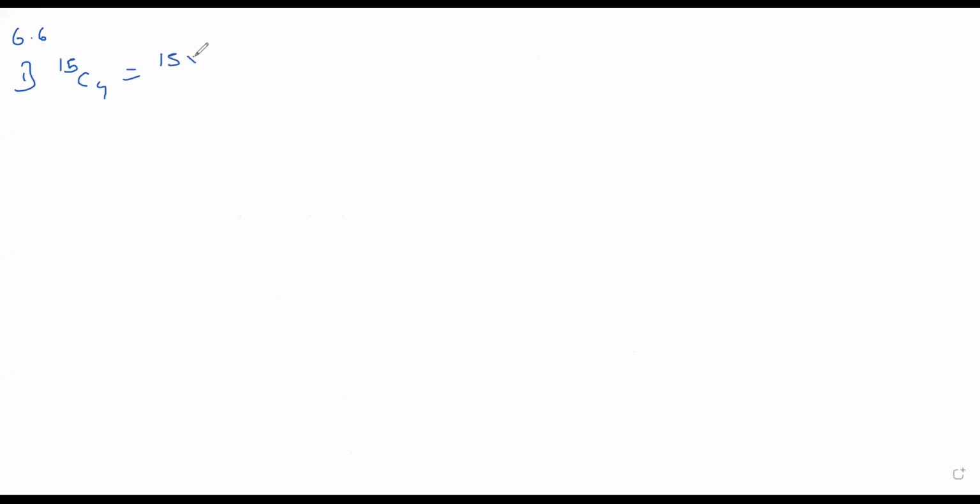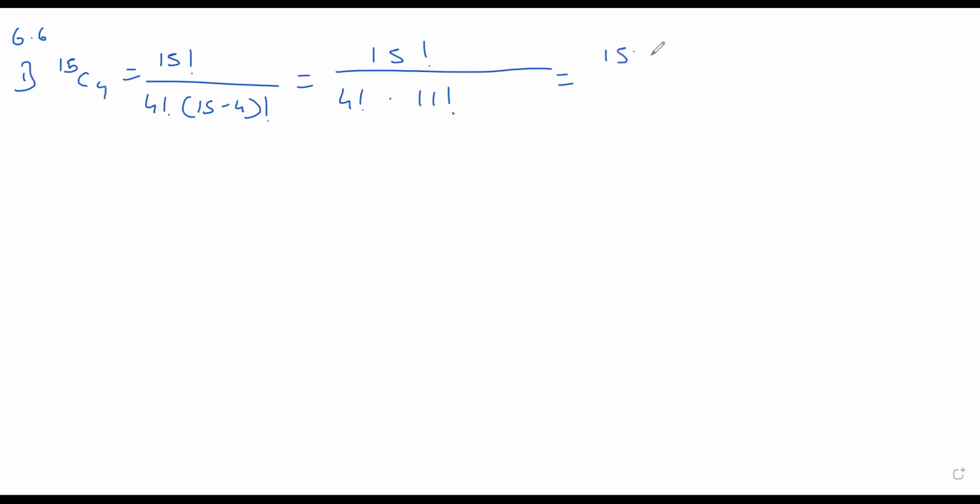This is 15C4, and you can solve it completely क्योंकि ये सिर्फ वैल्यू पूछी है उन्होंने। तो we will write 15 factorial upon 4 factorial, 15 minus 4 factorial, that is 15 factorial upon 4 factorial into 11 factorial, that is 15 into 14 into 13 into 12 into 11 factorial upon 4 factorial into 11 factorial.